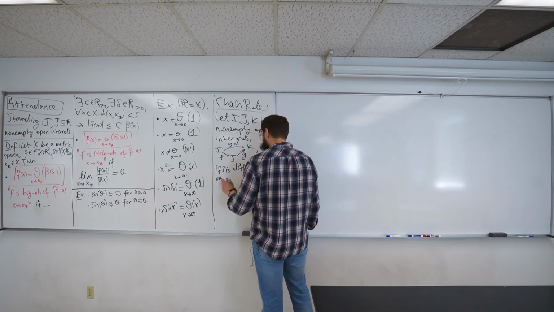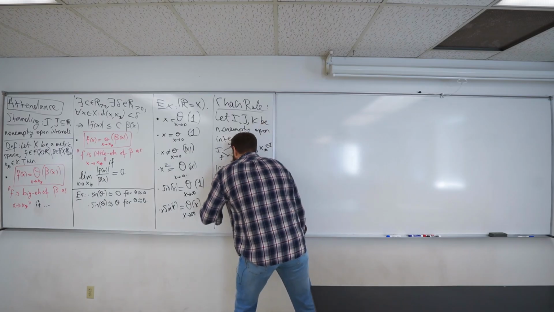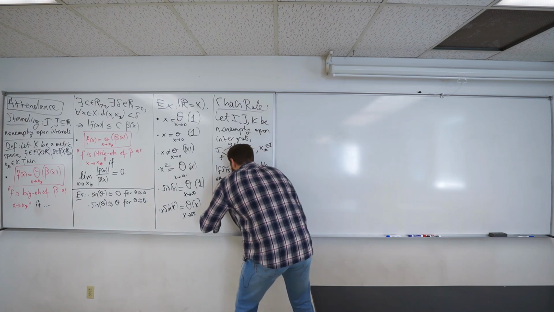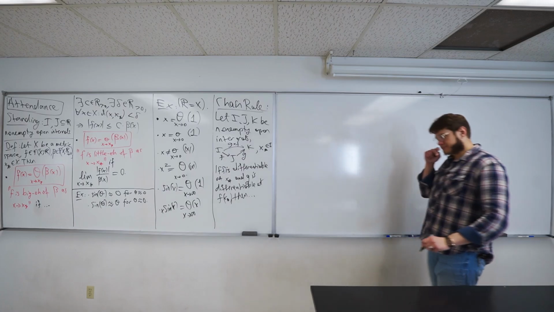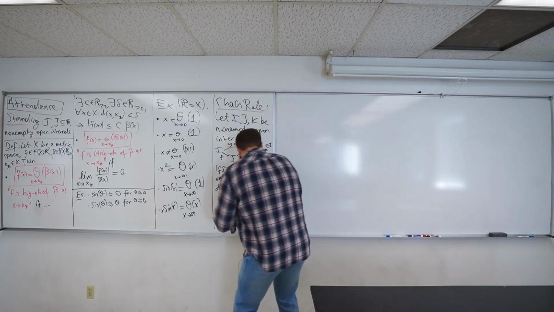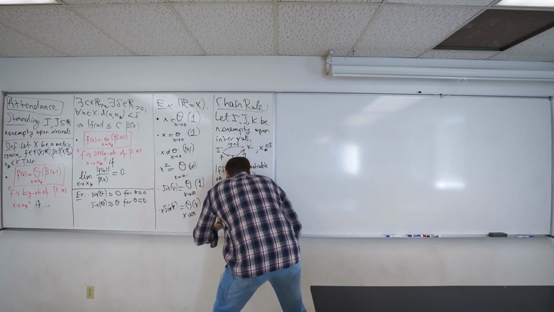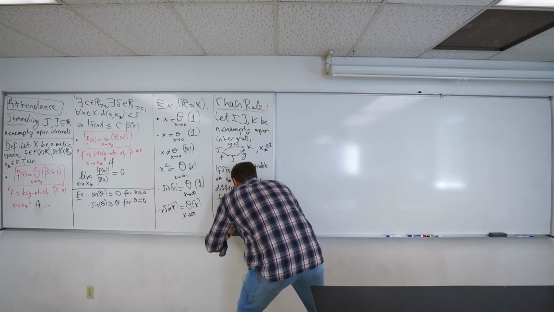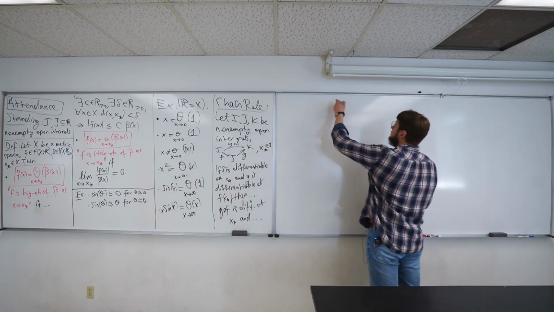If f is differentiable at x star, and g is differentiable at f of x star, then the formula you know holds. Then g composed with f is differentiable at x star, and we have the rule, the formula.